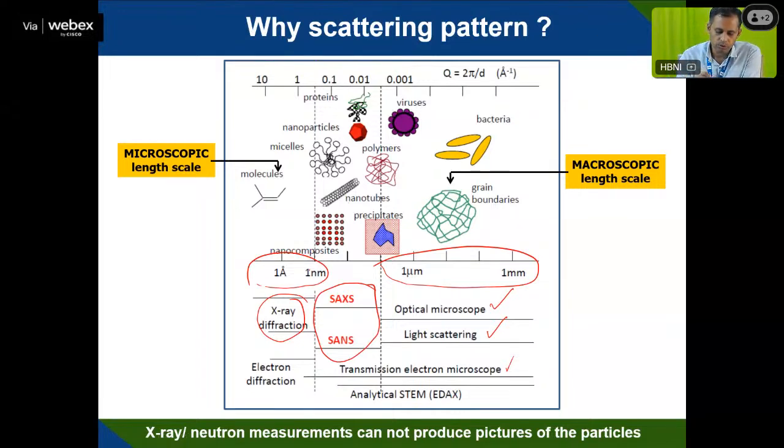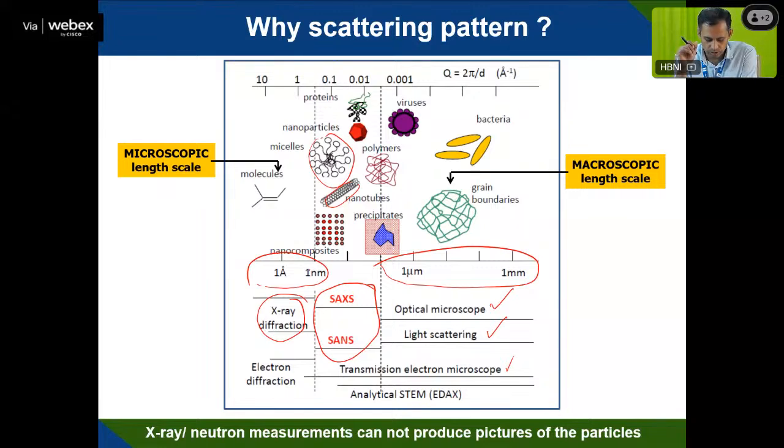Mostly to see the size of nanoparticles, micelles, carbon nanotubes, polymeric aggregates, or some protein structures. Those things you will be able to see using these scattering techniques.